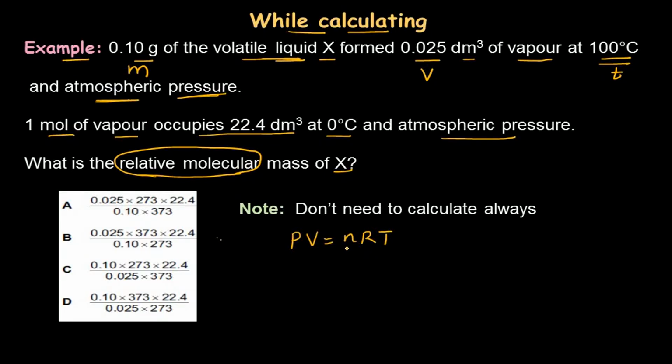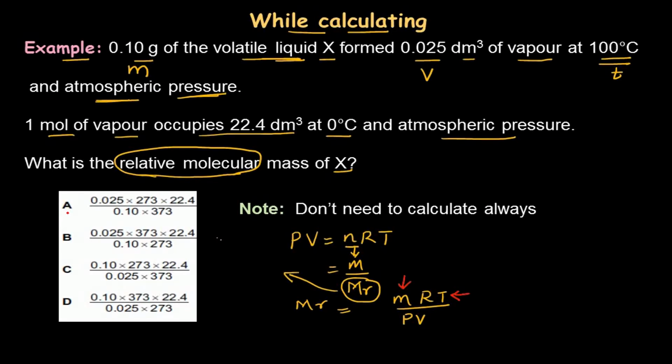But as we don't have the moles n, in place of that we are given mass, which can be written as m upon Mr for the moles. So now we are supposed to find Mr. If we take it to the numerator, we are left with mass into RT upon P and V. Looking at the formula, mass should be in the numerator, temperature should be in the numerator.